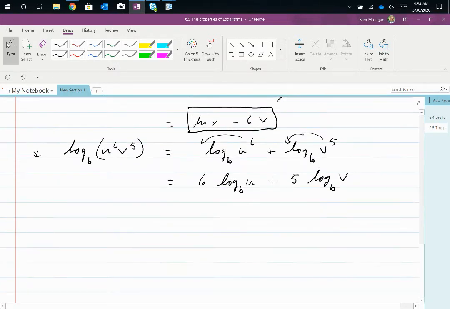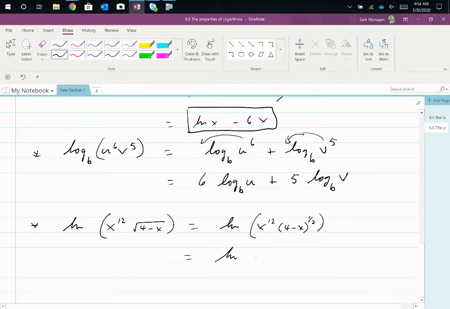Perhaps one more example. Okay. Natural log of x to the power 12 times the square root of 4 minus x. So recall that 4 minus x square root is written as the power half.